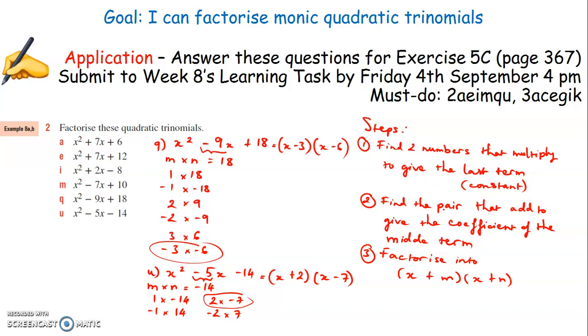So follow the steps, put in a bit of effort, and we'll get the answer. Later on you get better at this, and you can tell right away which two numbers fit our criteria, and do it much quicker.